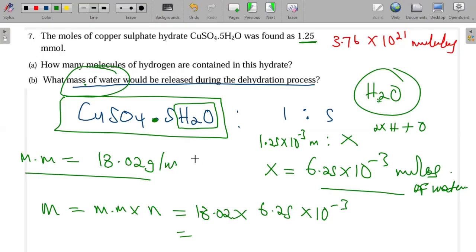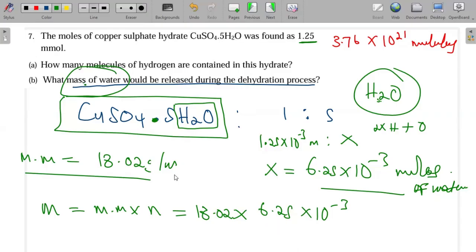Okay, so what do I get there as my mass? I get 112.626 grams. Okay, so that's what I get there. Am I correct? No, I didn't do the calculation correctly on the calculator. Let me redo it.